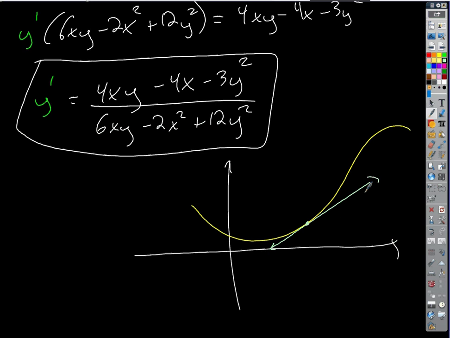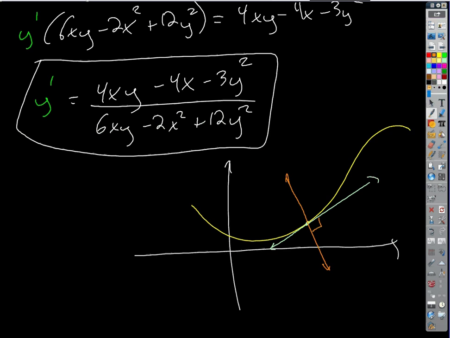If I want to calculate a normal line, the point of tangency and the point of normalcy are the same, right? So it's going to go perpendicular to the tangent. So the value of x and y are the same.